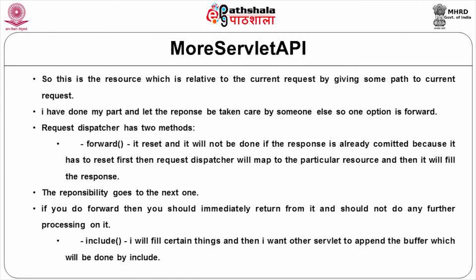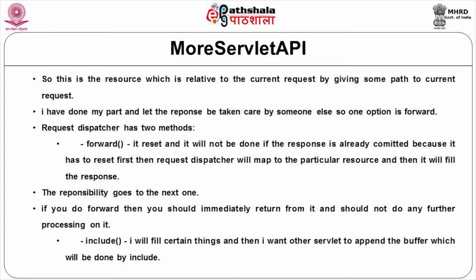So one option is to use the method called forward. This request dispatcher interface has two methods. One is the method called forward. Forward is where we are not doing anything with the response. So if you use the forward method, it is basically going to reset whatever you have done on the response.